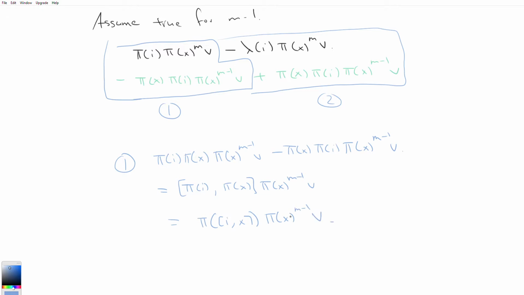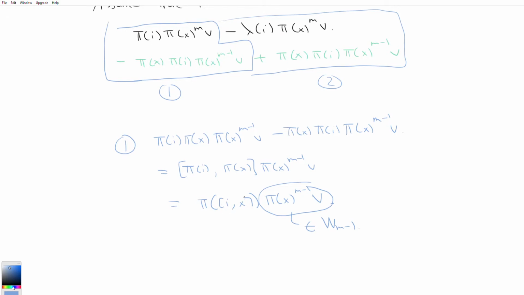And so clearly this guy here is an element of W_{m-1}, right? Yeah, so it is an element of W_{m-1}, by the construction of W_{m-1}. And then we have this thing here.